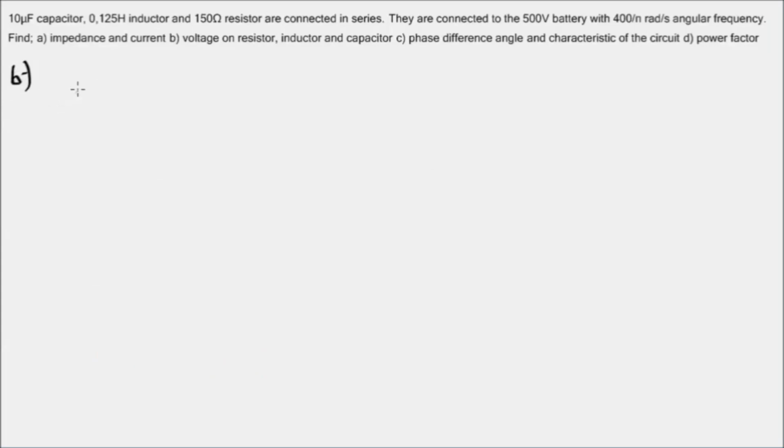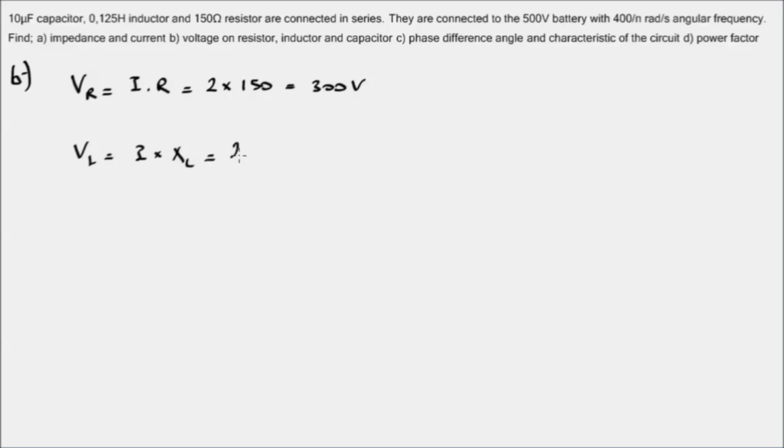B, it says voltage on the resistor, inductor, and capacitor. VR equals I times R. I is 2 times R, 150, equals 300 volt. VL equals I times XL.